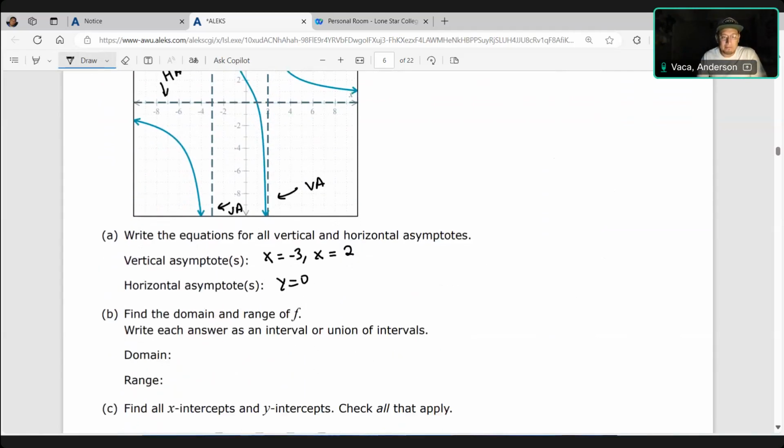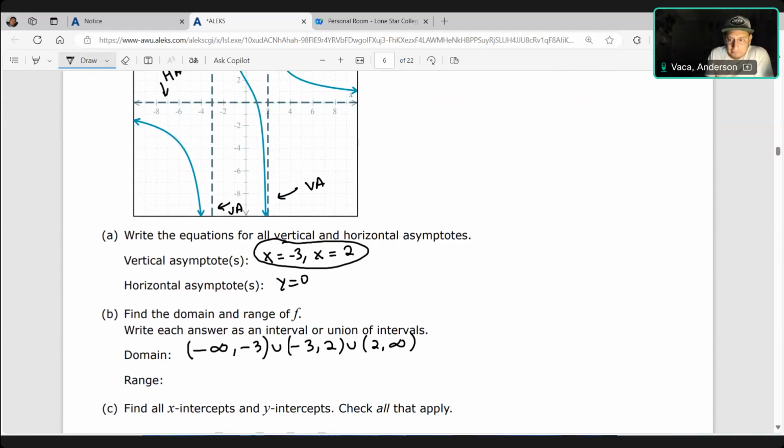Okay. Find the domain. Now that we know this information, we can do the domain in interval notation. In other words, we can choose any value for x except the values of the vertical asymptotes. So in this way, I am showing you that I need to exclude -3 and 2.